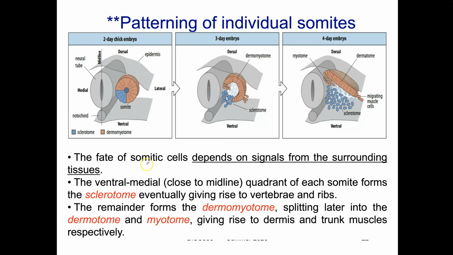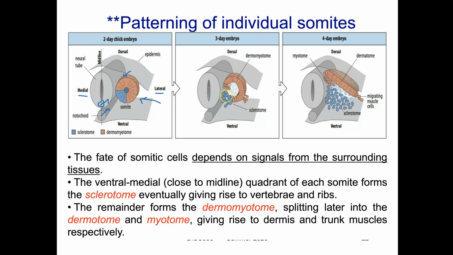And so it turns out that the somitic cells are receiving signals from a variety of tissues, from the notochord, from the ventral neural tube, sometimes from the lateral mesoderm. So this is the medial, the middle part, and this is the lateral, away from the midline, and then some from the developing epidermis.